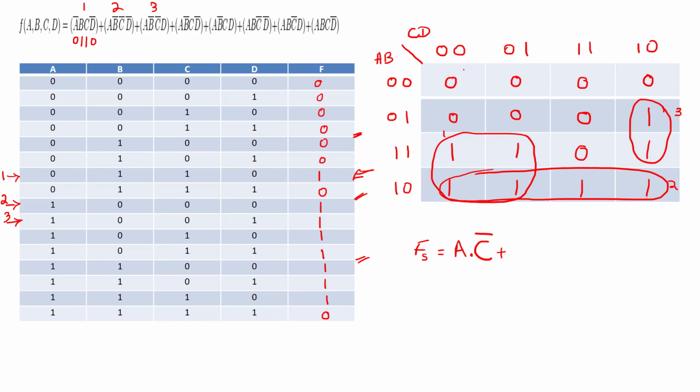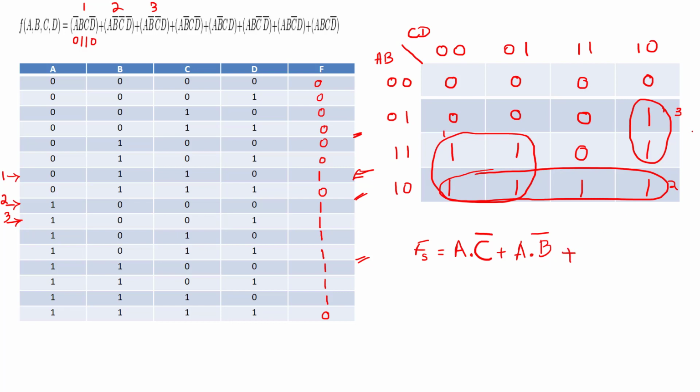Value of C changes between the first 2 columns, value of D changes between the next 2 columns, and so on. So we throw away C and D. On the other hand, since it's a single row, value of A and B will not change. So we keep both A and B. Now value of A is 1, so I will write A, and value of B is 0, I will write a B bar.